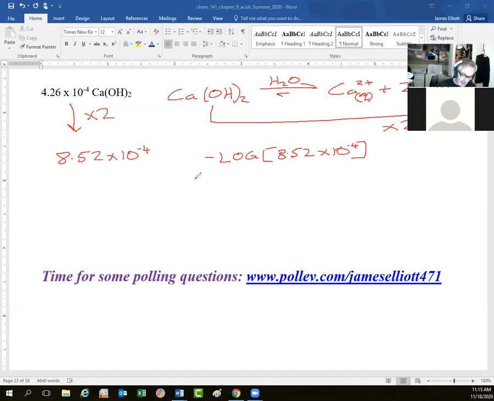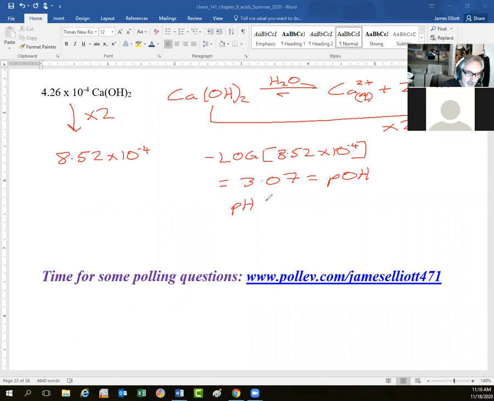So let's calculate that. 8.52 and a negative log. So it looks like it comes to 3.07. But of course that's pOH.